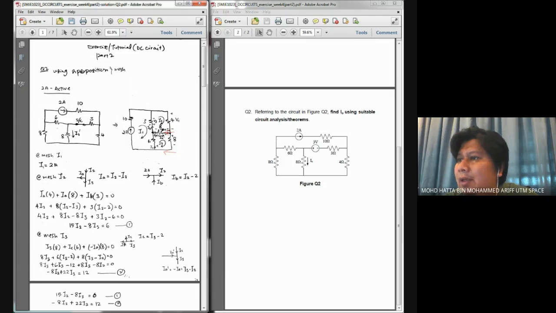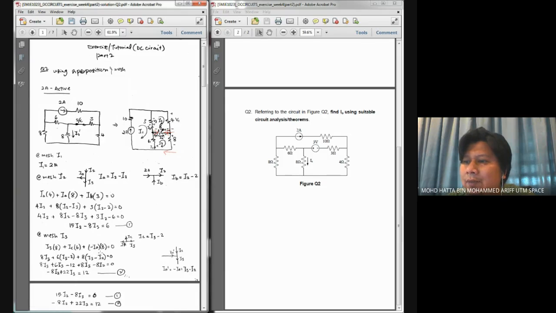Since I need a current flowing in the opposite direction, I put it as negative IA. Actually, I don't need to redraw, but I still draw it here to explain what is going on in my solution.